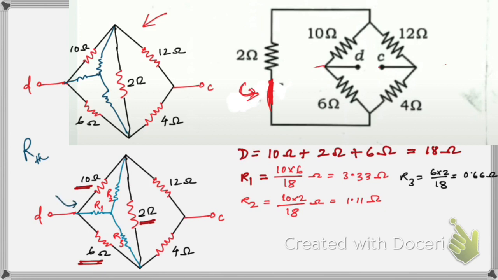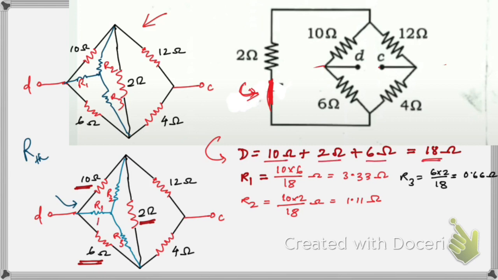Then I have given the names R1, R2 and R3. First take this part, then add all three resistances, that I have called D: 10 ohm plus 2 ohm plus 6 ohm, that is 18 ohm.